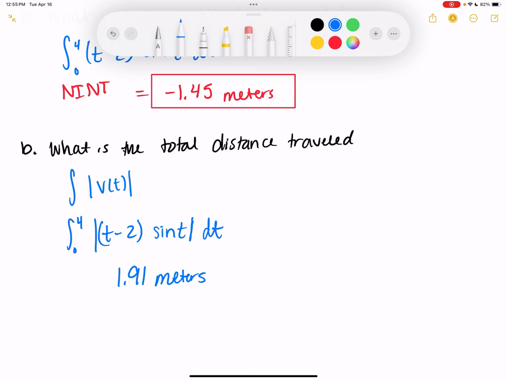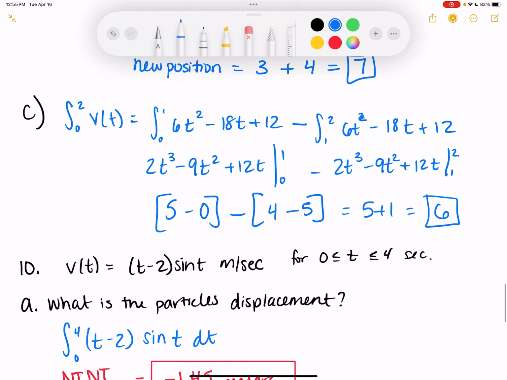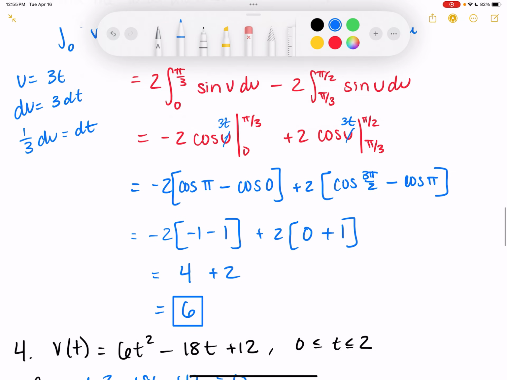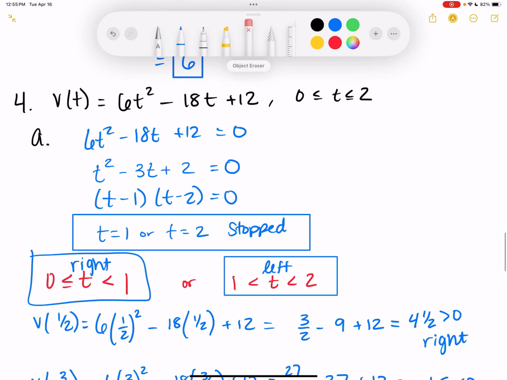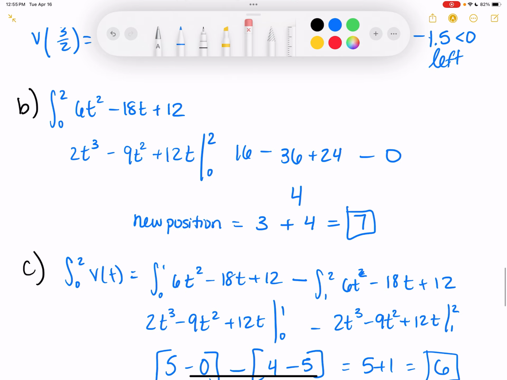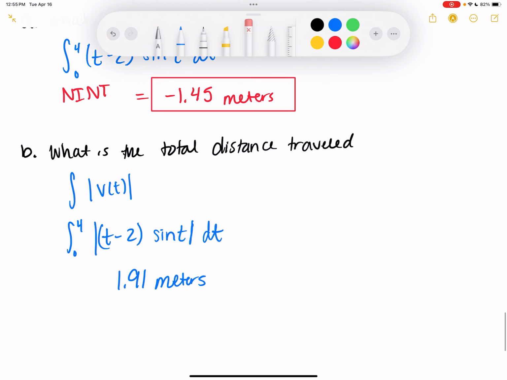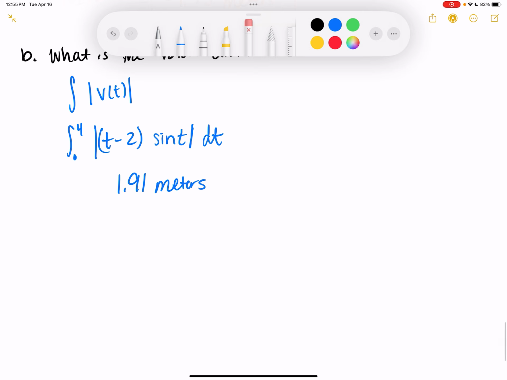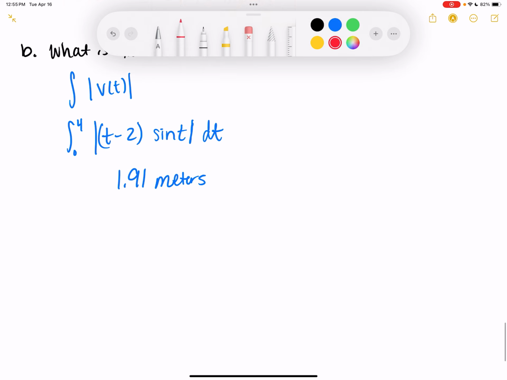Basically, we would have to do what we did up here in part A of the previous questions, where we found where it was stopped, and we would have to do intervals, break it up, and do each individual interval. So the way this one would have worked if we had done it by hand, which again you wouldn't be able to do, it would have been an integral from 0 to 2 plus an integral from 2 to pi plus an integral from pi to 4.